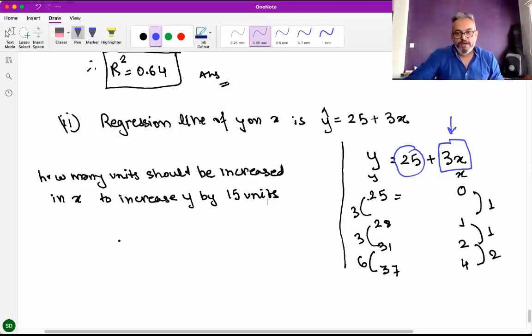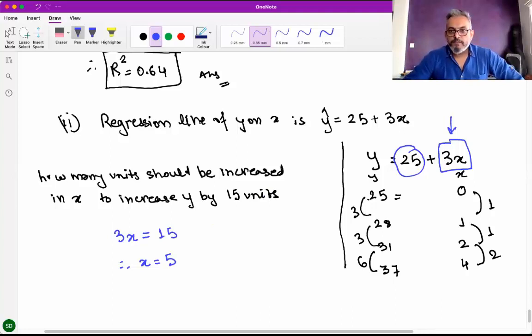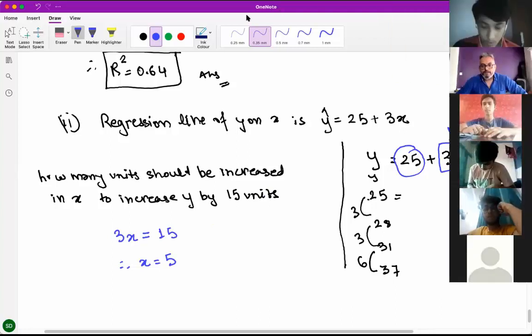So over here, this 3 into x is equal to 15. वो कब पॉसिबल है? When x is equal to 5. You agree? समझ में आया सबको?